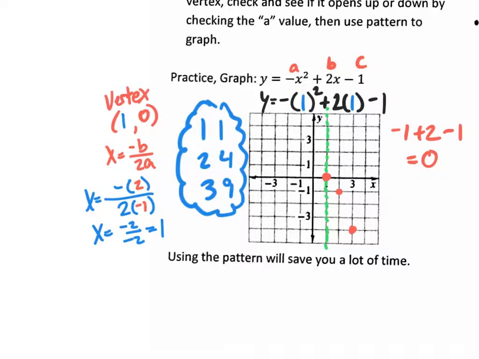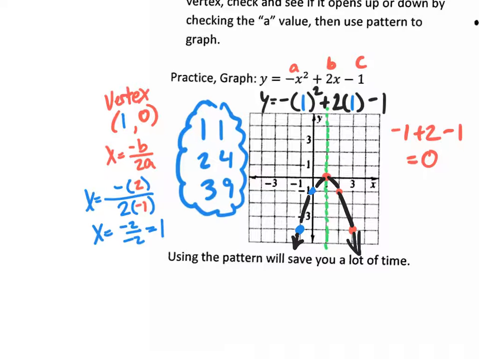And if we go back to the vertex and go 3 over 9 down, that would be way off the graph, so I'm not going to do that. Map them over to the other side, right here and there, and we have an awesome graph of this parabola. Just put some arrows on it because it does continue that way forever.